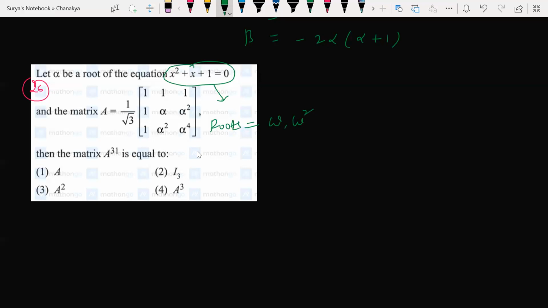Simple, tell me the answer. So alpha is equal to omega, that's it, khatam. Guys, we solved matrix recently, you have to make this quick.